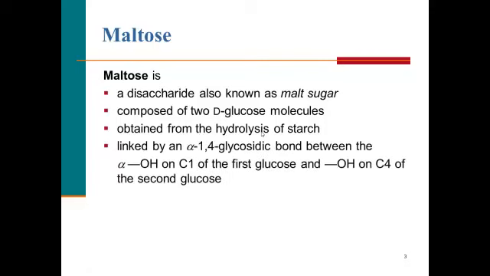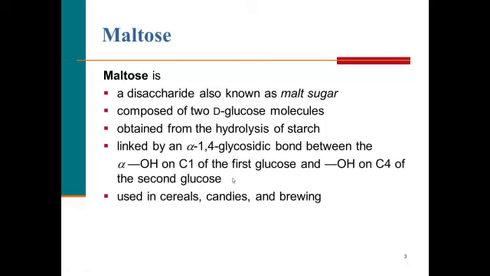So maltose is linked together by a characteristic bond. It's called an alpha 1 to 4 bond. We'll see that on the next slide. And all of the bonds that link monosaccharides together are referred to as glycosidic bonds. So glycosidic bond is the term that we use to refer to the joining together of monosaccharides to form more complex molecules.